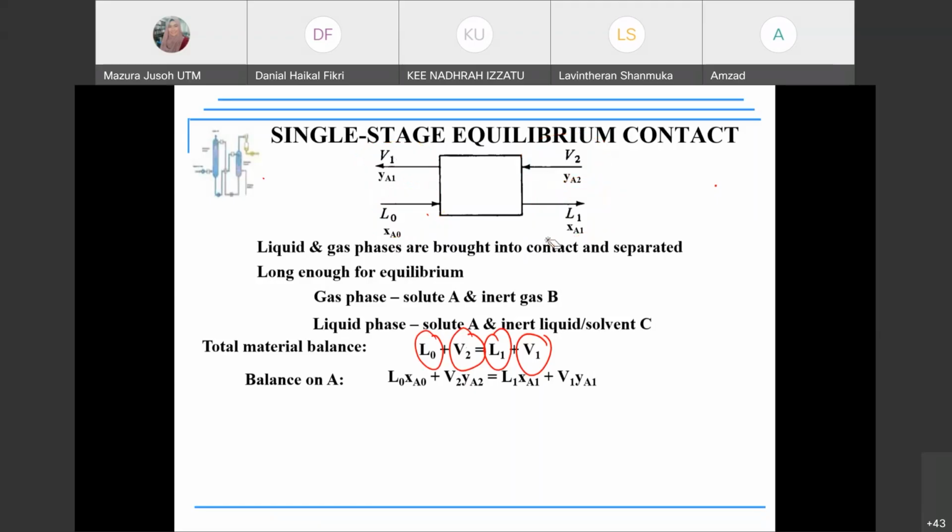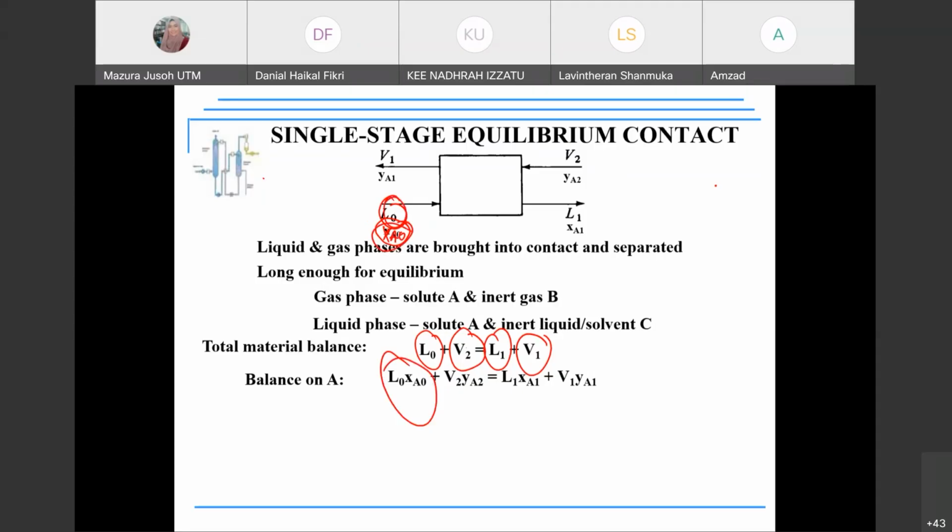If you see here the terms and symbols for L naught, you will call the component A in L naught XA0. A is the component, 0 is the stream, L naught. So the flow rate times the mole fraction will be the first expression there for the input.